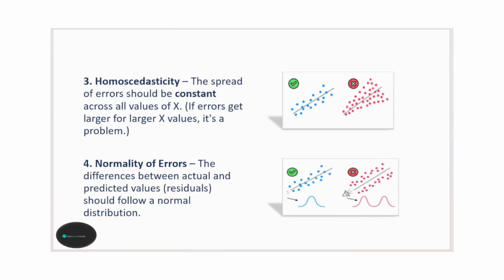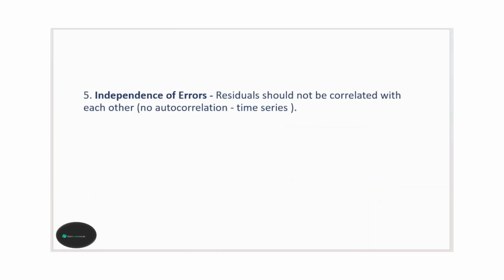The third assumption is homoscedasticity, that is, the error should be constant, it shouldn't be spread over. If it shows non-constant values of errors, then this is a violation of the assumption. The fourth one is the normality of errors: the difference between the actual and the predicted values should show normality. The fifth assumption is independence of errors, that there shouldn't be any autocorrelation.